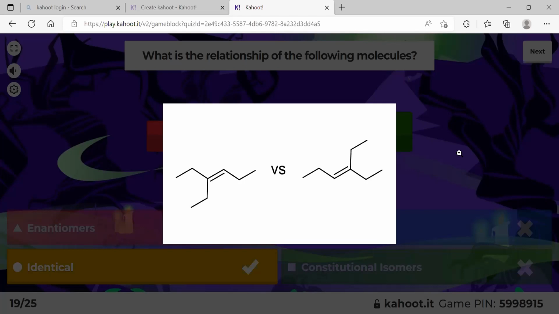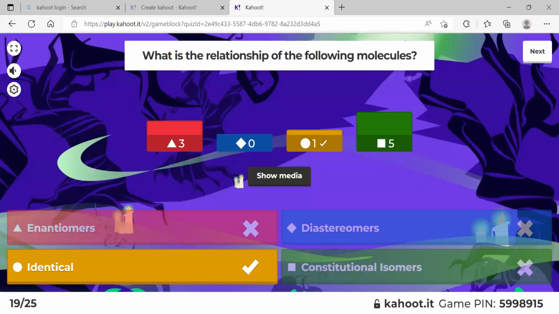If you name these molecules, the left one and the right one, they have the same name. They even have the same conformation in terms of cis and trans. That's why they are identical. Okay, and that's the relationship between the two.